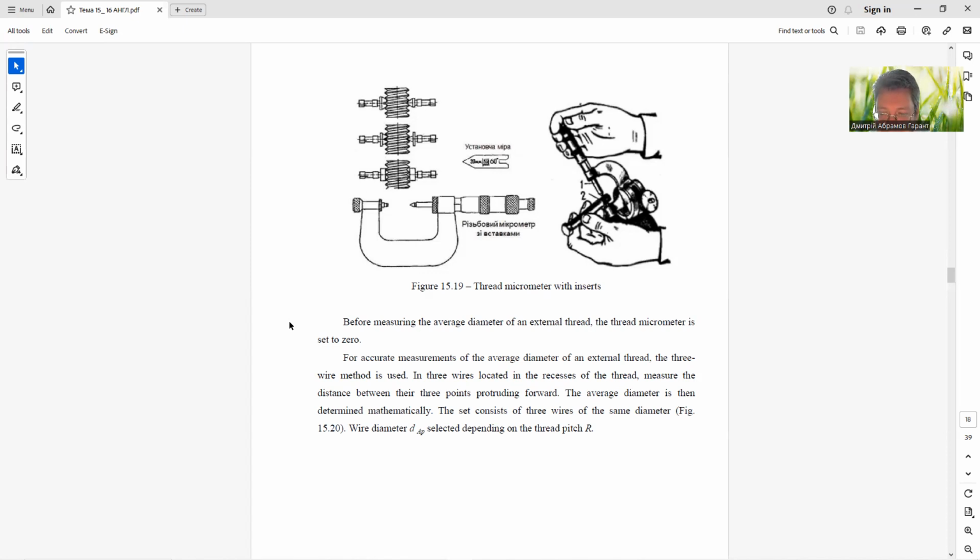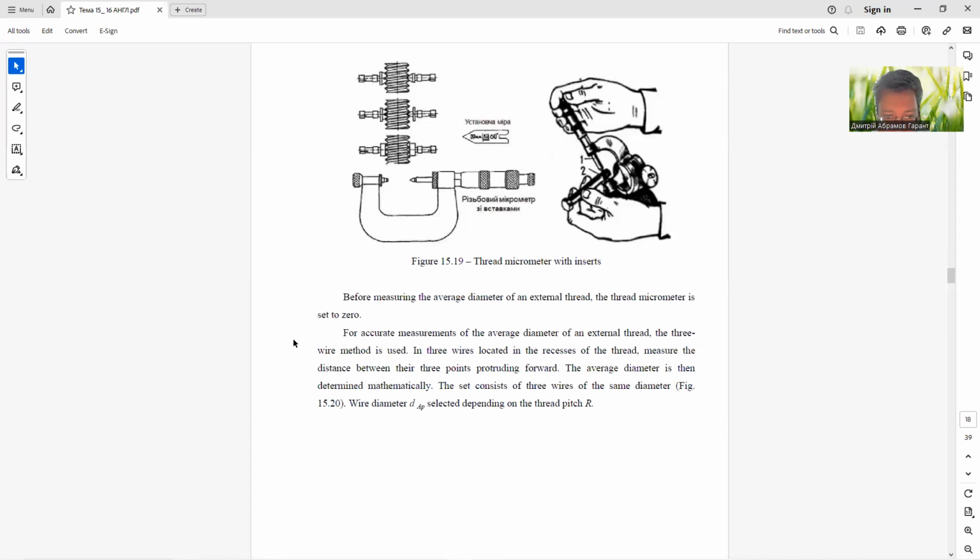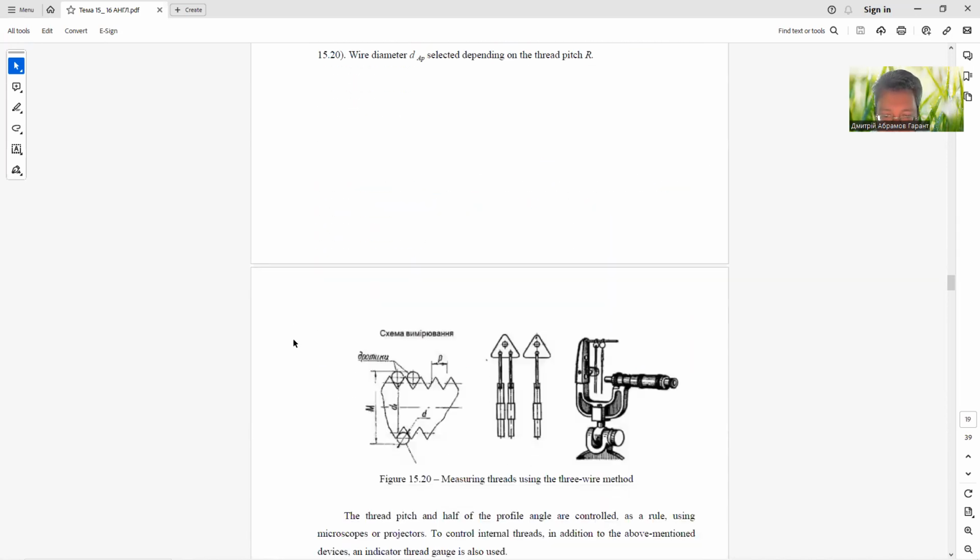The average diameter is then determined mathematically. The set consists of 3 wires of the same diameter, like in figure 15.12.